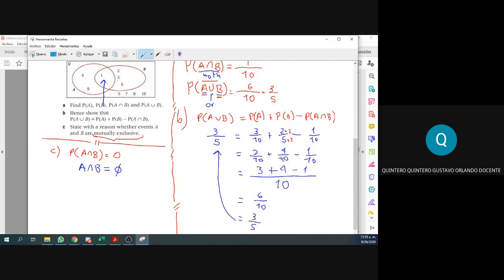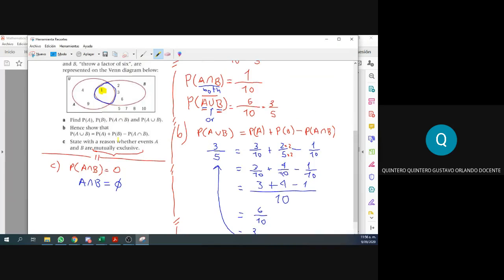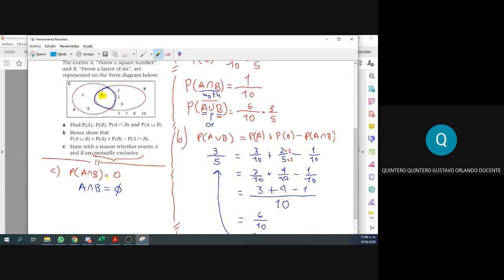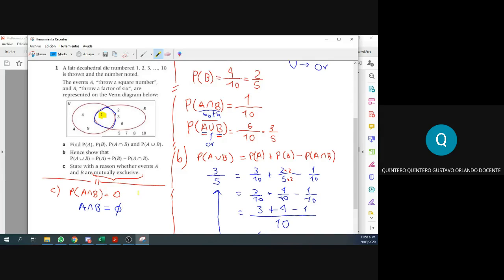In this case, this little part over here, the part in blue, is the set A intersection B. And it is not empty. It has a 1. There's something there. So the probability of A intersection B happening is not 0.